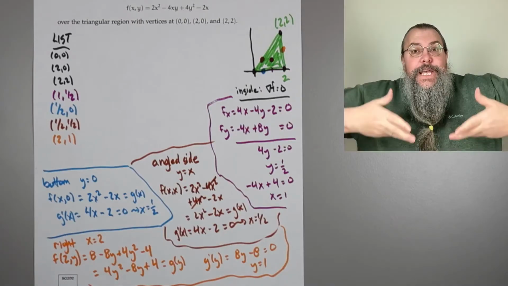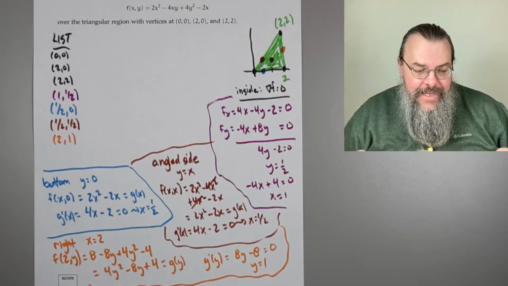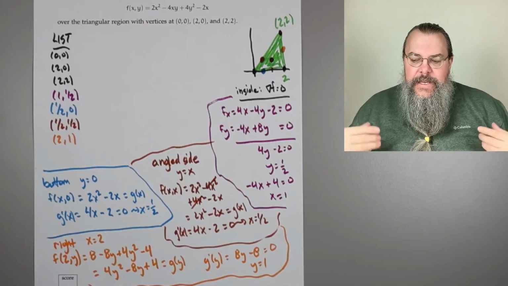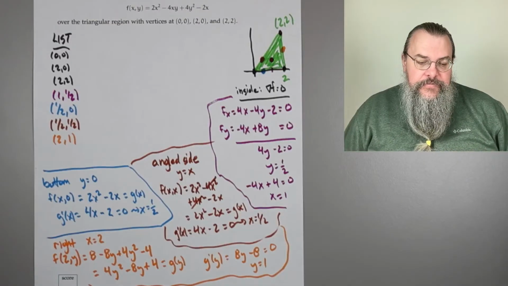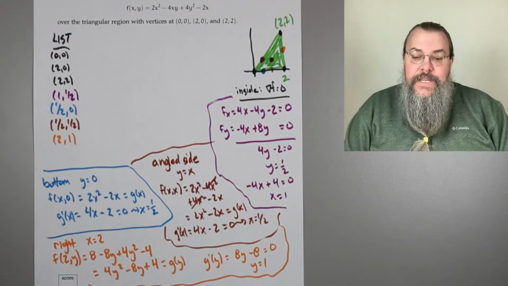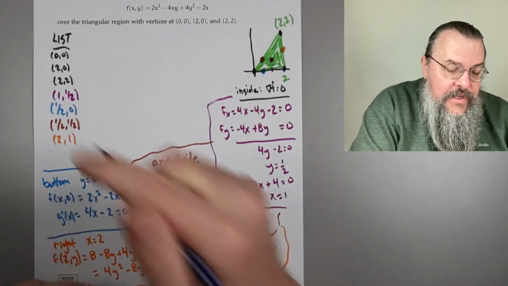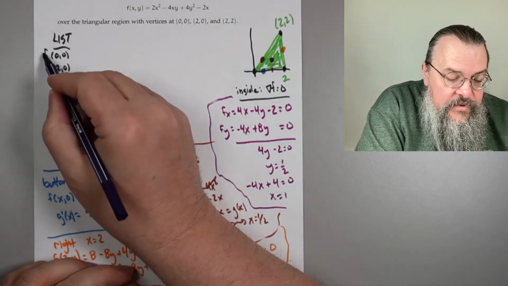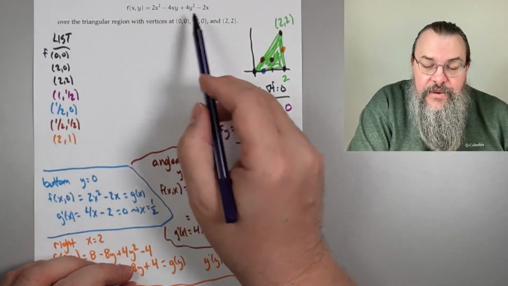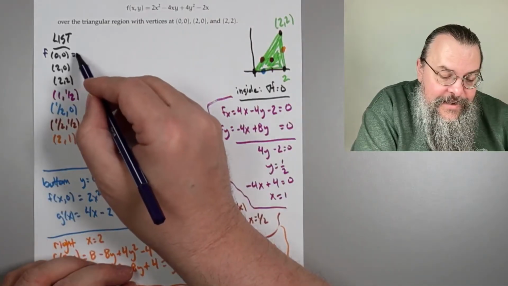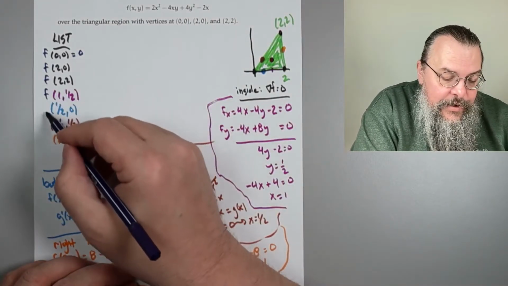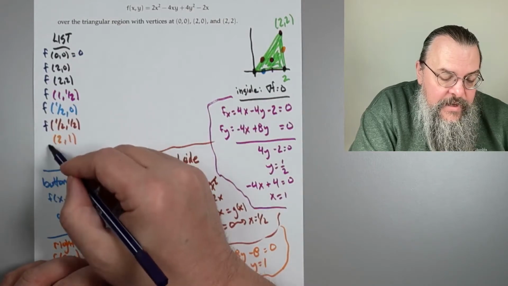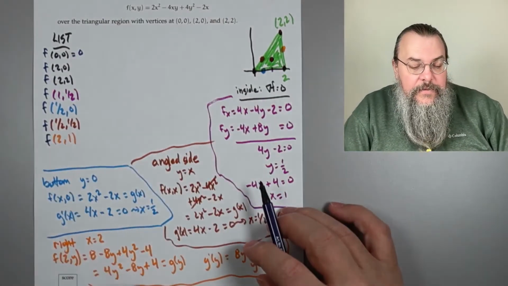Well, the answer is we plug in. Each one of these, we're now going to plug in, and we're going to see what comes out. Now, some of these will be easier to plug in than others. For example, (0, 0) gives 0. That's lovely. And it's going to go up in difficulty from there. So let's try a few of these.